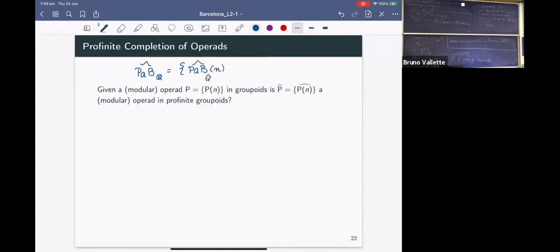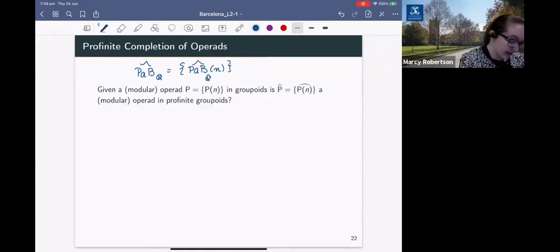Now there are Q's everywhere. And this pro-unipotent completion was a symmetric monoidal functor, so the completion of the parenthesized braid operad was still an operad, because we can always pull the operad structure across symmetric monoidal functors.